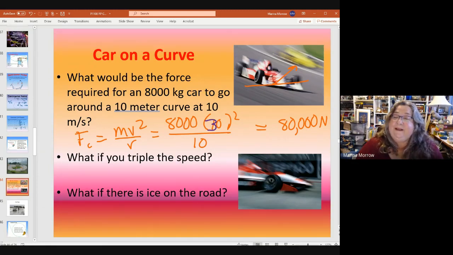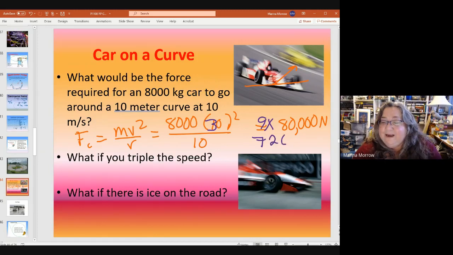So by tripling the speed, that's going to be 9 times as much force. So we're going to end up with 720,000 newtons.